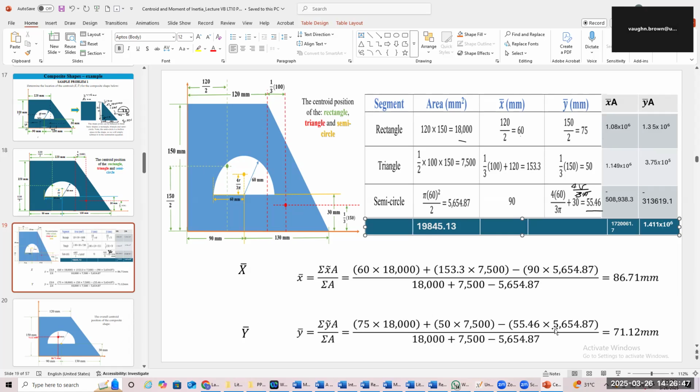Let's see, because I'm checking the working, just checking to see how correct this working is. So let me check that again. So it's 1.141. If it doesn't work out, I'll leave it and fix it and send it back to you. Divided by the area, which is divided by 19845. Last attempt. Let's see if it works out.